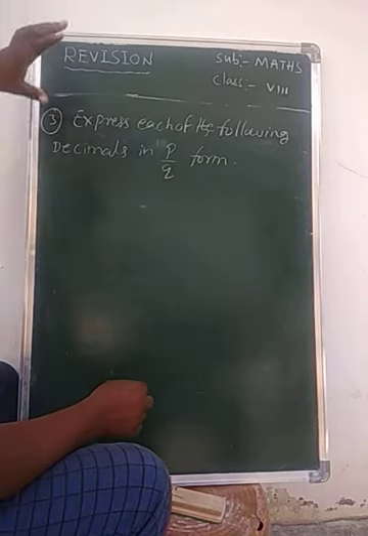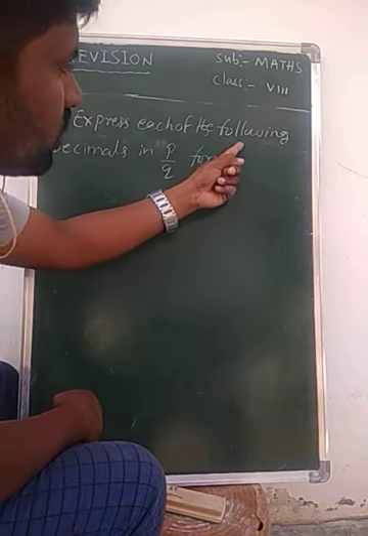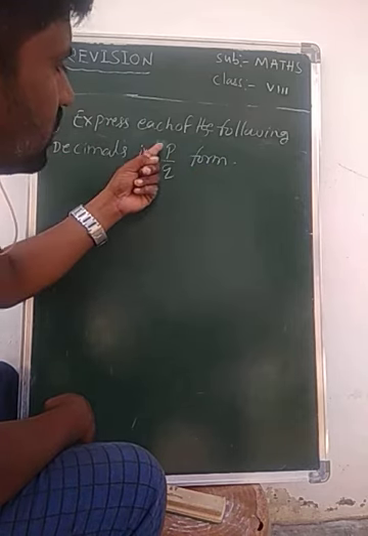Okay, so this is the question. Express each of the following decimals in p by q form.